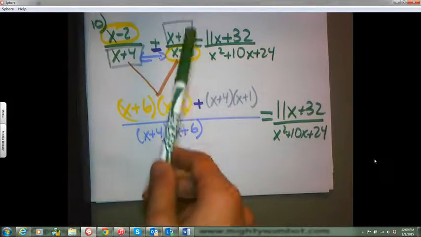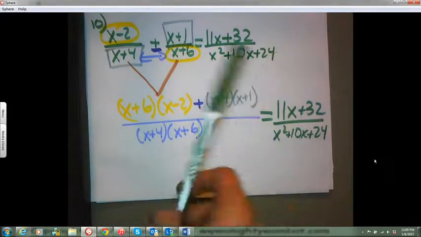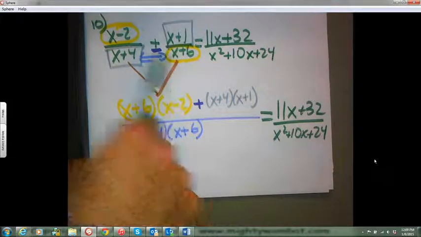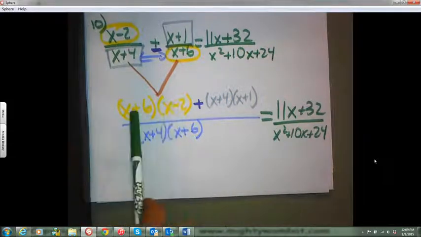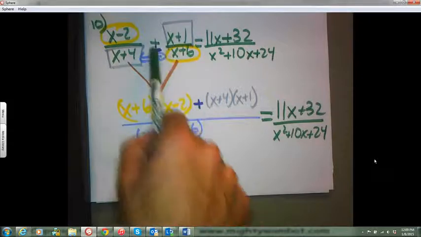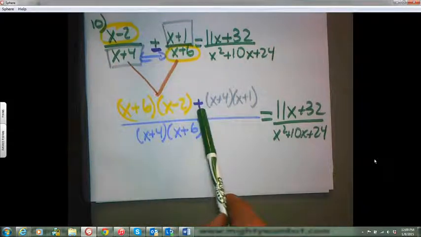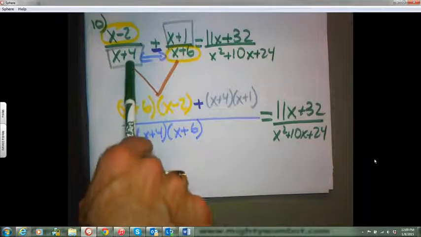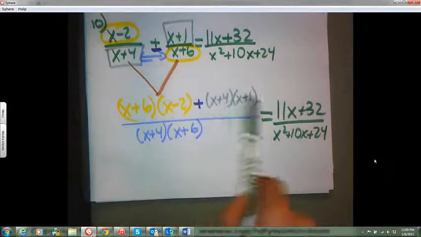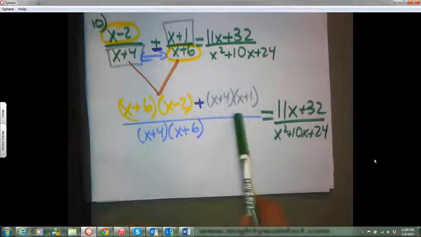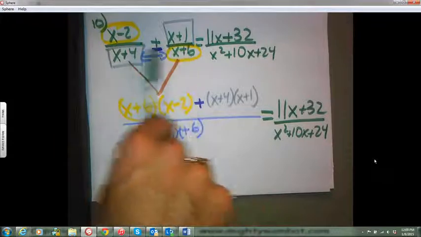Take the denominator of the right one times the numerator of the first one. Bring down the sign, whether it's a plus or it could have been minus, doesn't matter. Then take the denominator of the first one times the numerator of the second one. All divided by the denominators multiplied. Works every time.